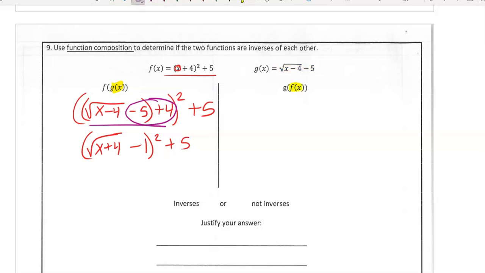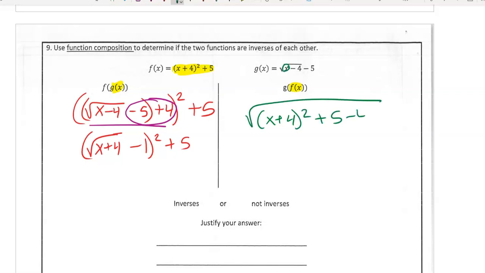On this side, we have f of x in the middle. So we take f of x plus 4 squared plus 5, and it's going in place of that x there. All right, so again, starting from the inside, the only thing that can really be simplified here is combining the 5 minus 4.